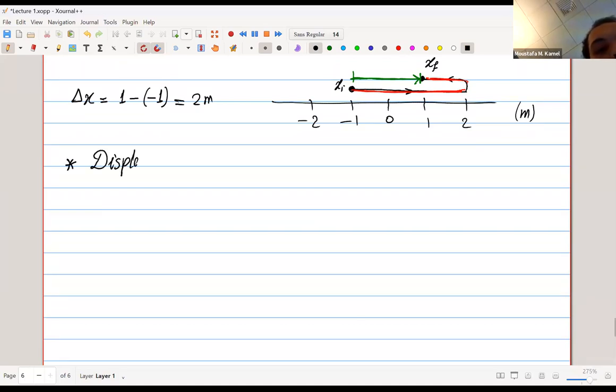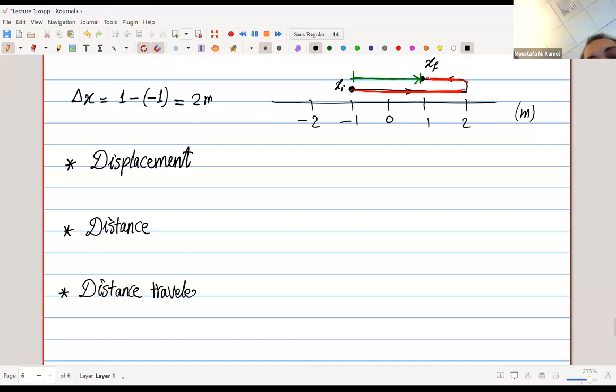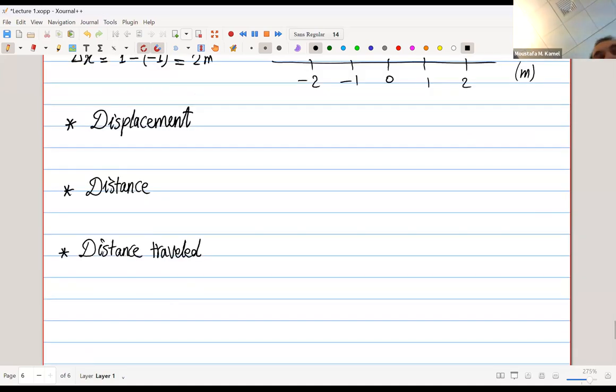Displacement, distance, and distance traveled. Okay, displacement is as we defined it above. It's delta x equal final position minus initial position, and it's a vector quantity.